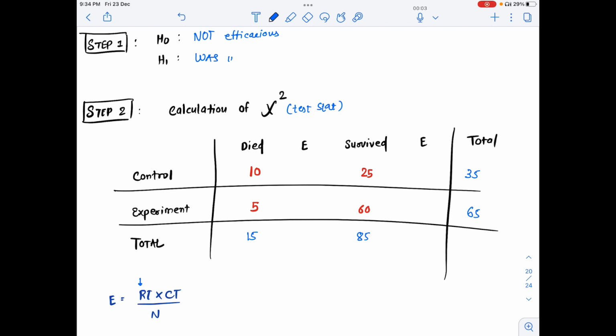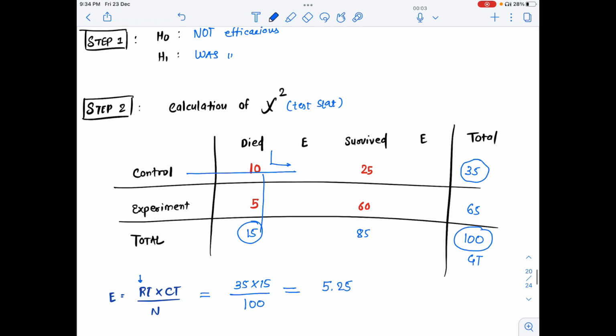The row total for control and died is 35, and the column total for the same would be 15. So the calculation will be 35 into 15, and the total will be 100, the grand total, called GT. So 35 into 15 upon 100.